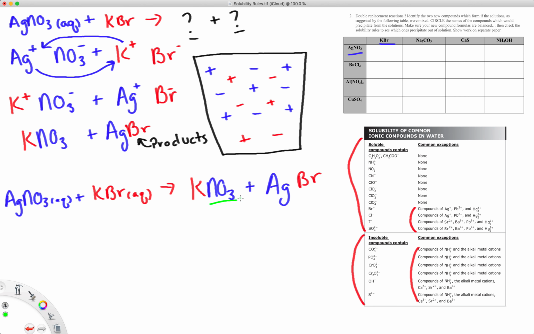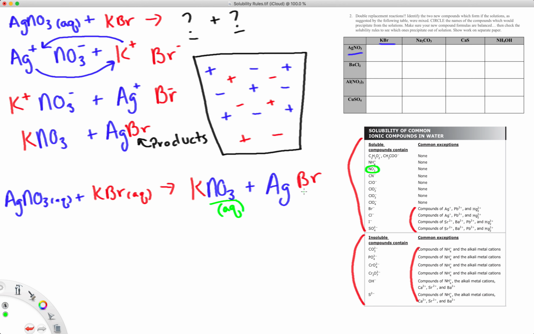Nitrate is the anion here in this compound, so we look to see if we can find nitrate. And nitrate just happens to be right here up at the top, under the column of ions whose compounds are normally soluble in water. There are no exceptions, which means this substance would be aqueous. We would write aqueous next to that.